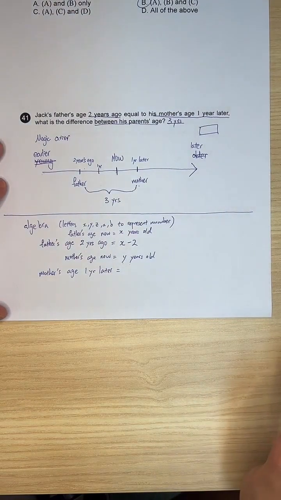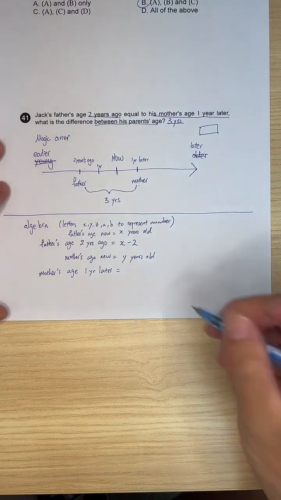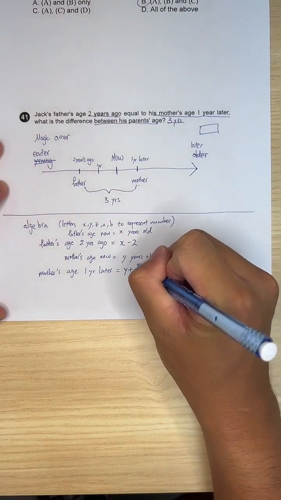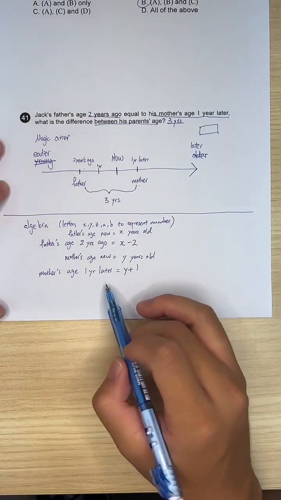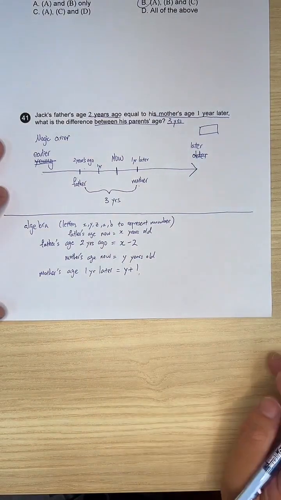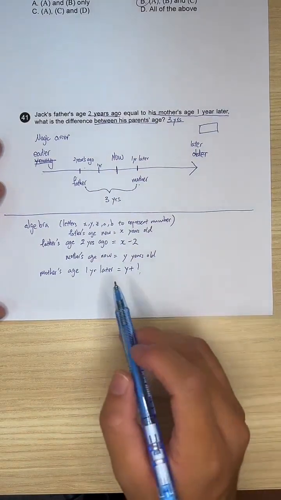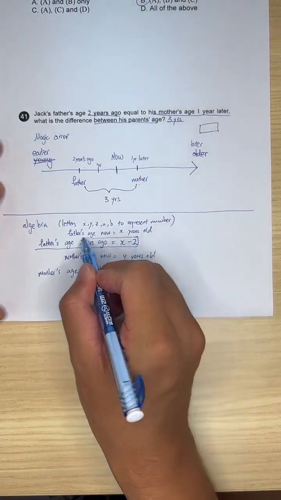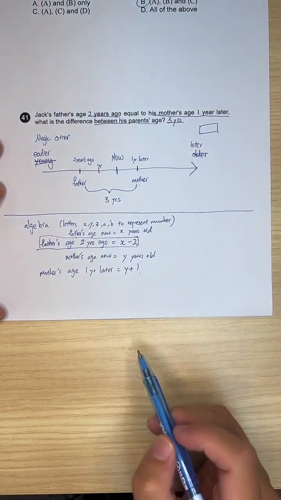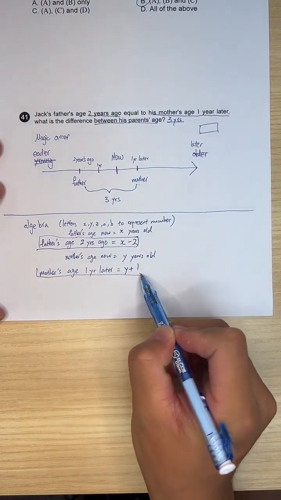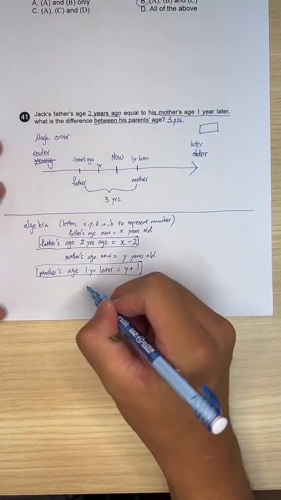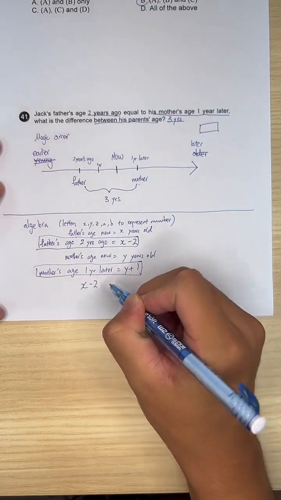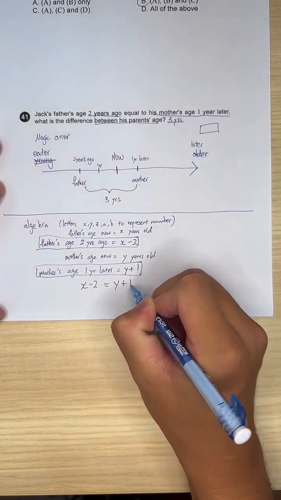Yes, it's Y plus 1, because 1 year later, so need to plus 1 year old. And from the question, we know that father's age 2 years ago is equal to mother's age 1 year later. So I can say X minus 2 is equal to Y plus 1.